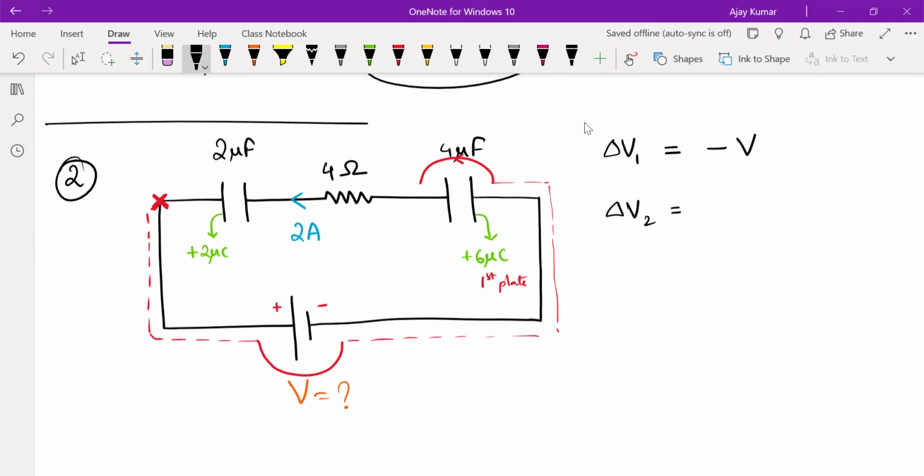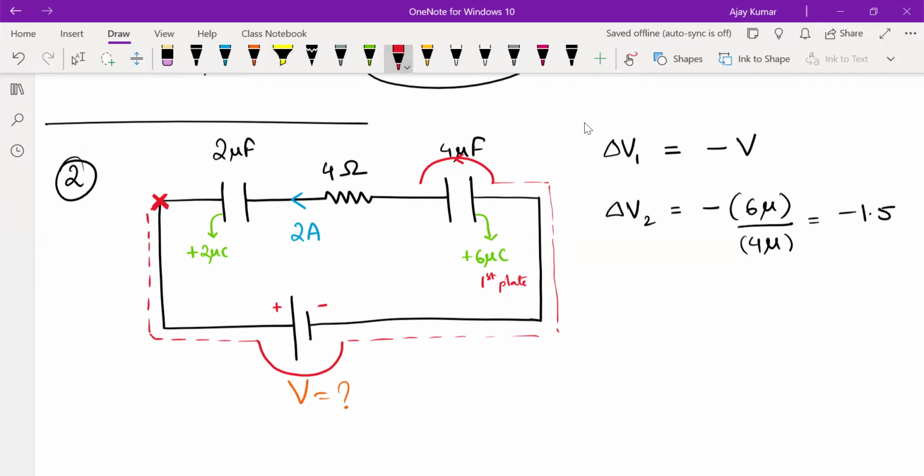The formula is minus Q by C. Minus 6 by 4. Negative of charge on the first plate that you come across divided by the capacitance. So minus of charge 6 microcoulombs divided by capacitance 4 microfarad. 6 by 4 is 1.5, so minus 1.5 volts. I'm not writing the unit.